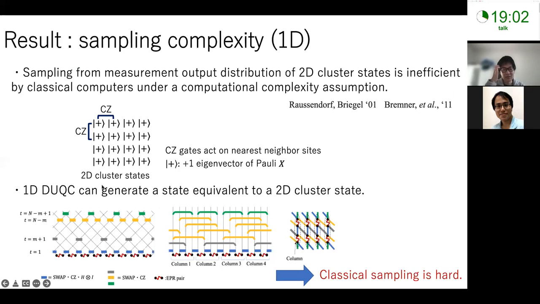And actually, we can generate the 2D cluster state by a 1D dual-unitary quantum circuit by using this form of dual-unitary quantum circuit. So we can show that the output state is equivalent to the cluster state. And because of this result, we can show that classical sampling from the output distribution of 1D dual-unitary quantum circuit is a hard problem.